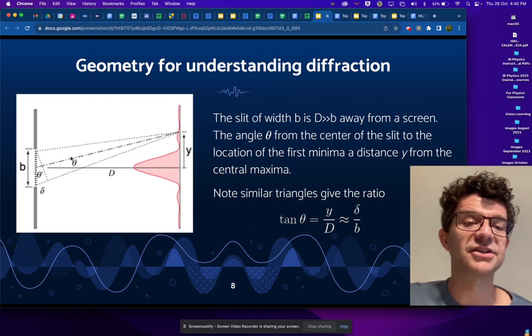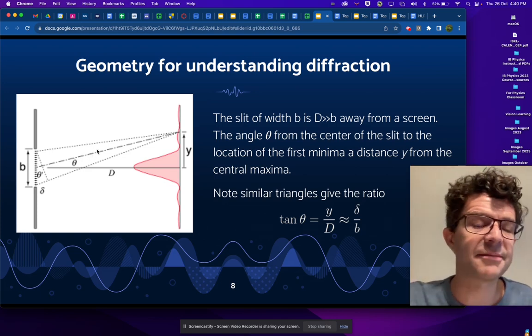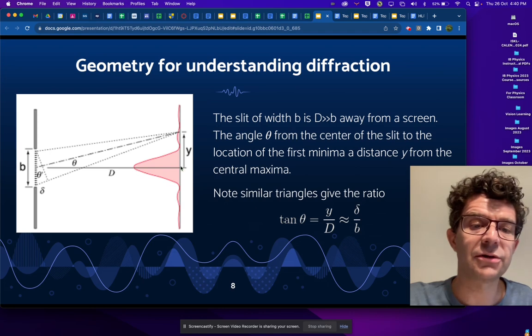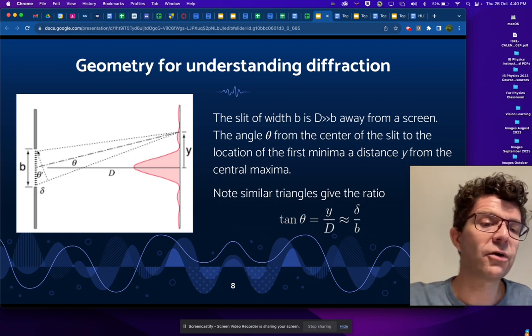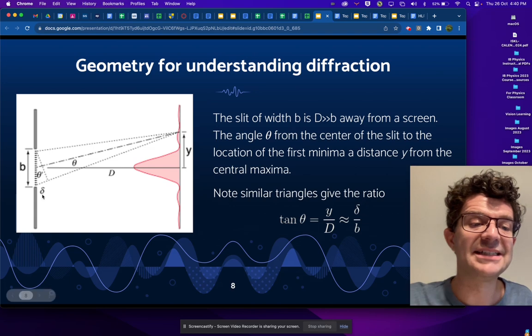And what we'll see is that there's a pair of similar triangles here, especially when we think about a small angle approximation, which is that the angle that is made between the horizontal here and the location of y, if we call that theta, we can also construct a triangle here where the distance from this point on the slit and this point on the path here differ by an amount delta.